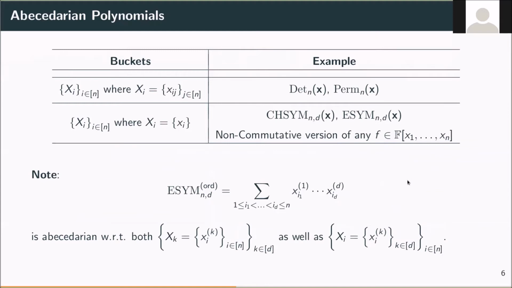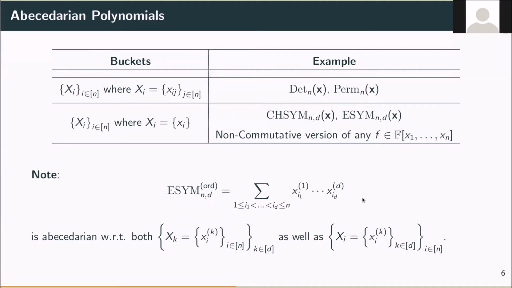Note that the same polynomial can be ABCD with respect to two different partitions. For example, let us consider the elementary symmetric polynomial, the ordered version. Okay, so it's the elementary symmetric polynomial with additionally the position indices added.